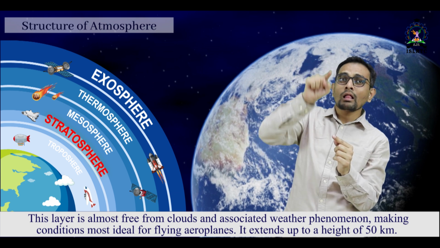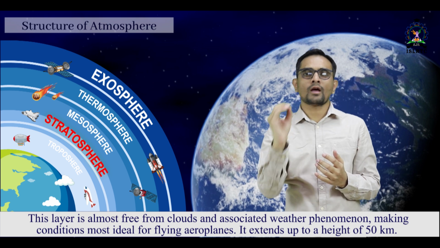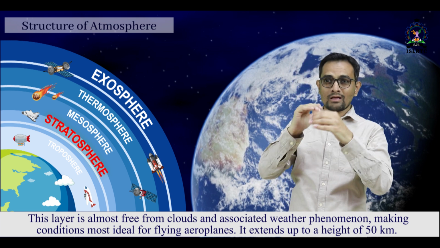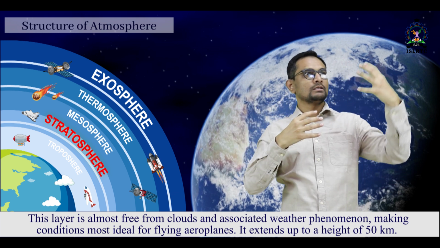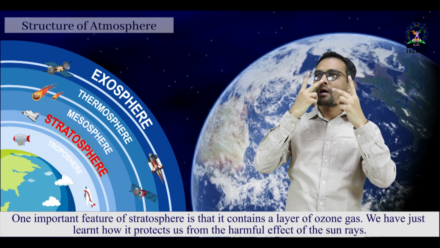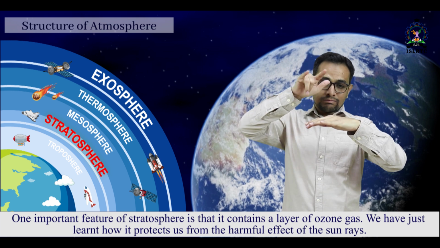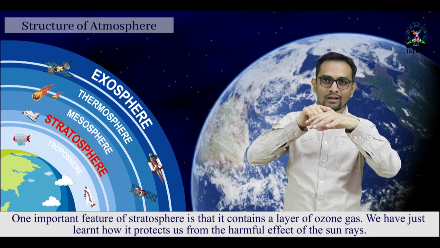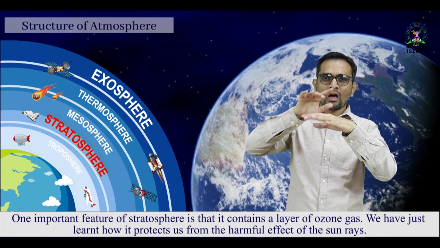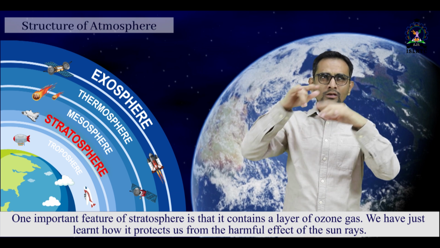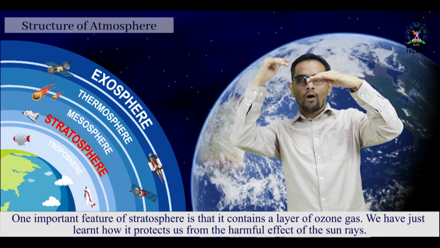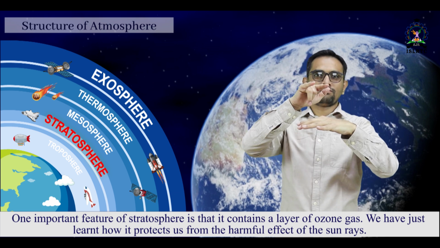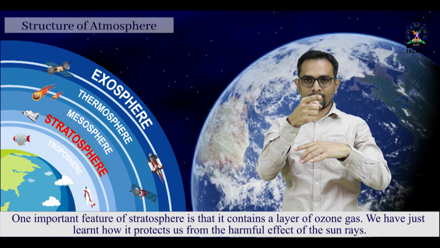It extends up to the height of 50 kilometers. One most important feature of stratosphere is that it contains a layer of ozone gas. We have just learned how it protects us from the harmful effect of the sun rays.